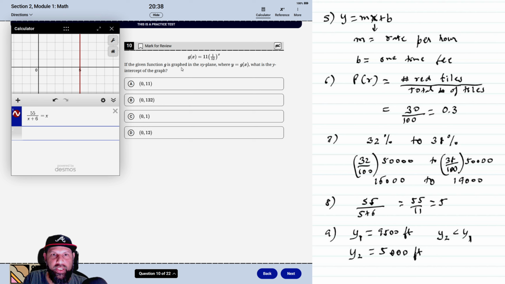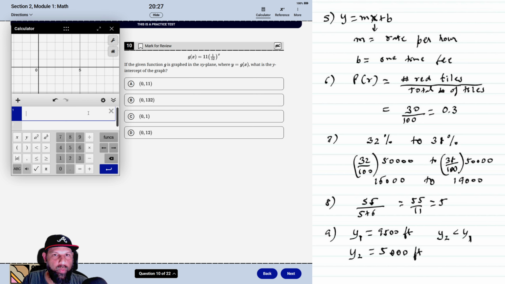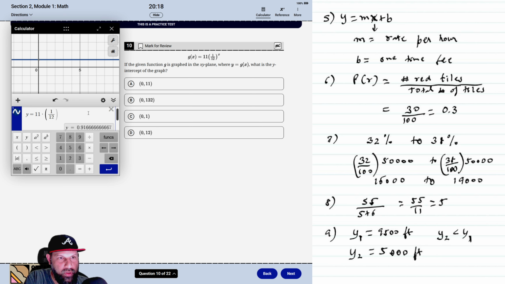If the given function g is graphed in the xy plane where y equals g of x, what is the y-intercept of the graph? Again, as mentioned, we will use Desmos wherever we can. So we'll say y is equal to 11 times 1 over 12 to the power x.